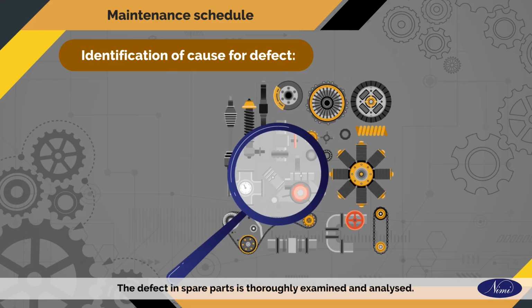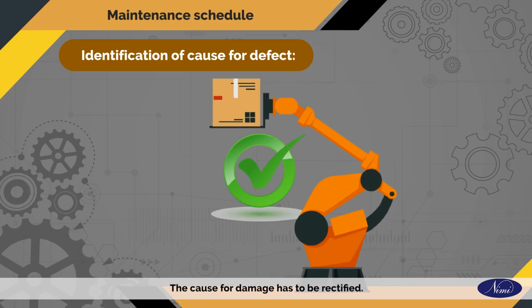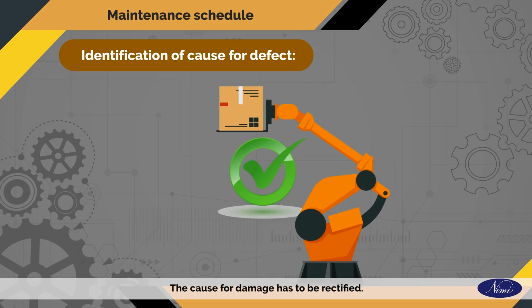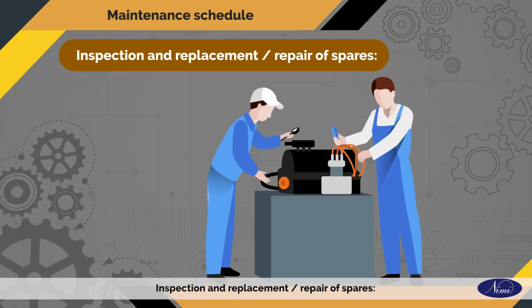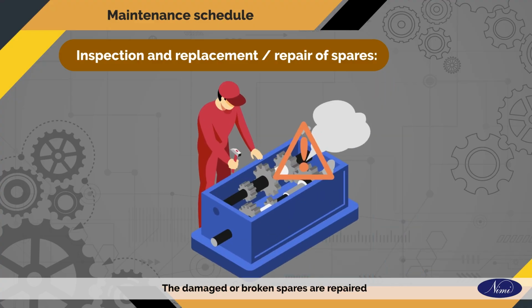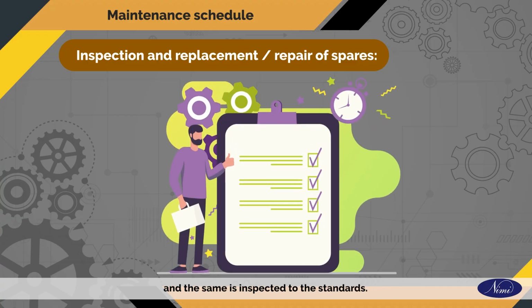The defect in spare parts is thoroughly examined and analyzed. The cause for damage has to be rectified. Inspection and replacement or repair of spares. The damaged or broken spares are repaired and the same is inspected to the standards.